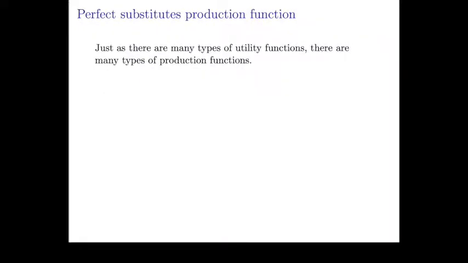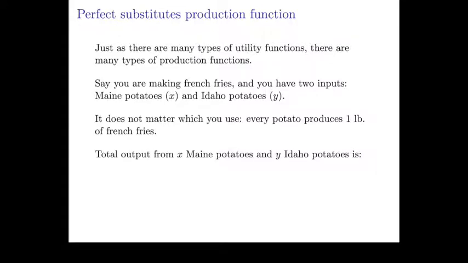Just like we've seen lots of different types of utility functions, there are lots of different production functions you could have. A counterpart of perfect substitutes utility is a perfect substitutes production function. Suppose you're making French fries, then you could have two different inputs: either Maine potatoes or Idaho potatoes. It doesn't really matter which one you use. For every pound of potatoes that you use, you could produce a pound of fries.